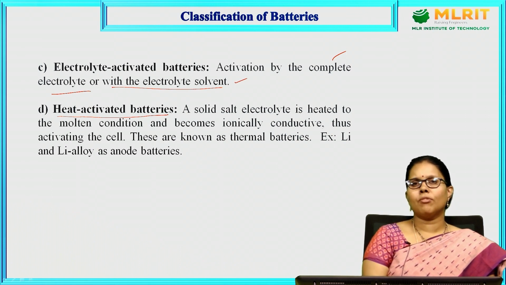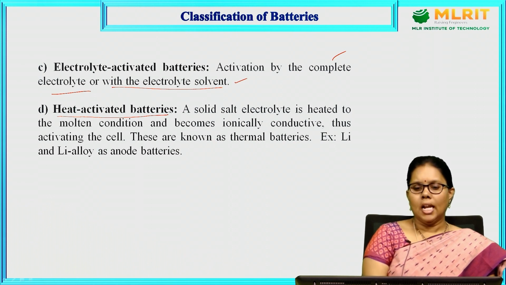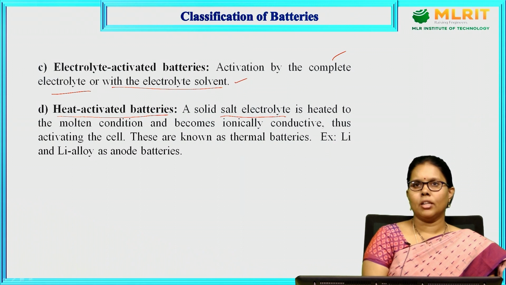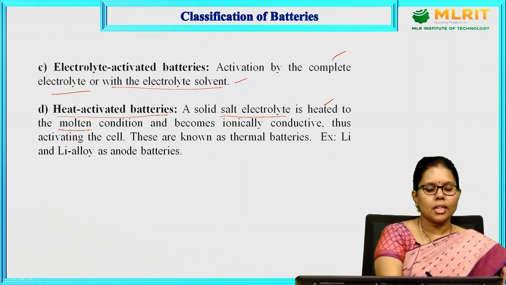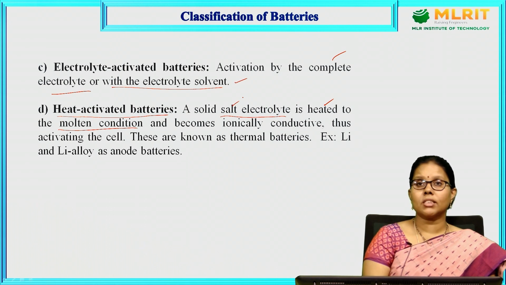Let us take one of the batteries which has a molten salt electrolyte. If we add the molten salt electrolyte, then the battery is activated. Let us take a solid salt electrolyte which is not activated. If you supply heat, the salt gets converted into the molten state.